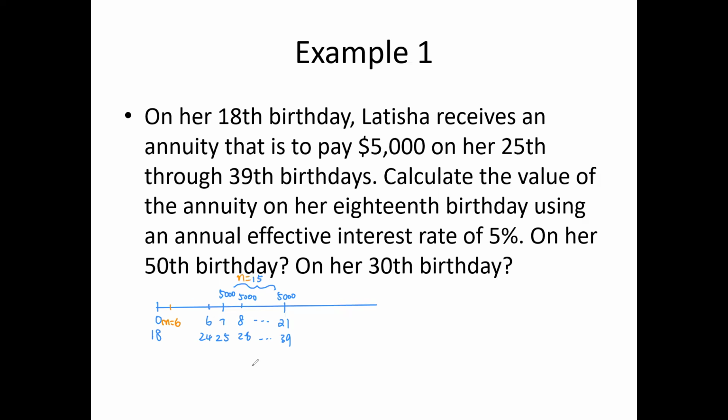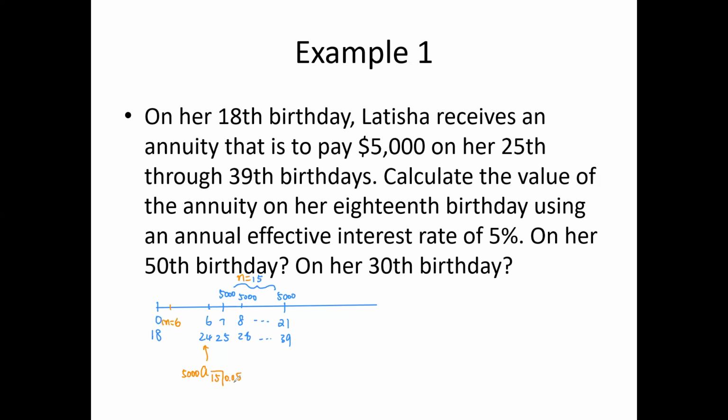Okay. So the formula is like this. We have 5,000 times a sub angle 15. The interest rate is given, 0.05. So that's pretty easy.